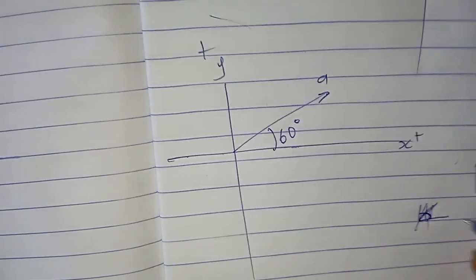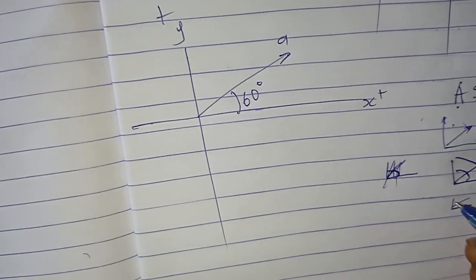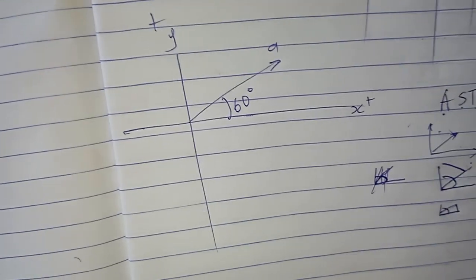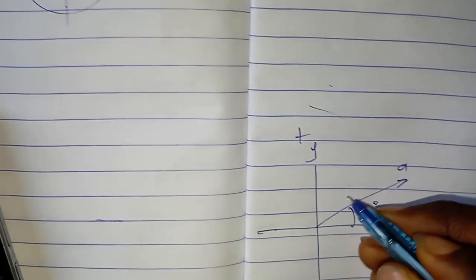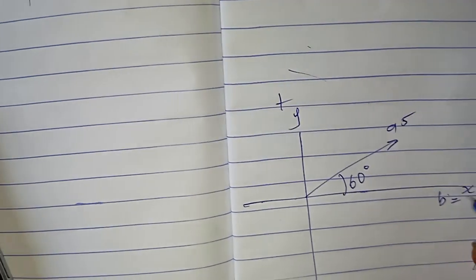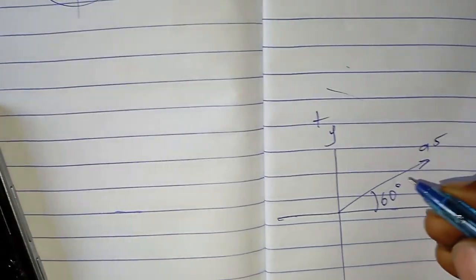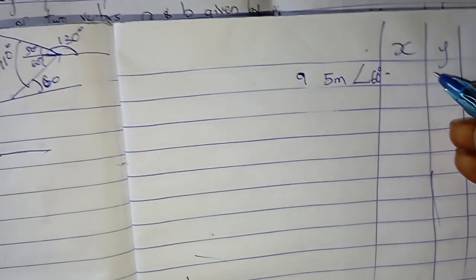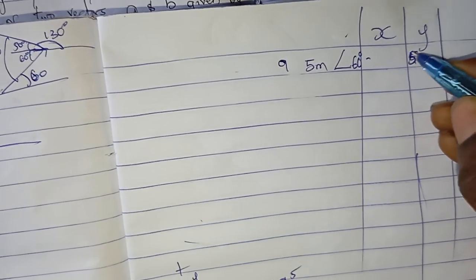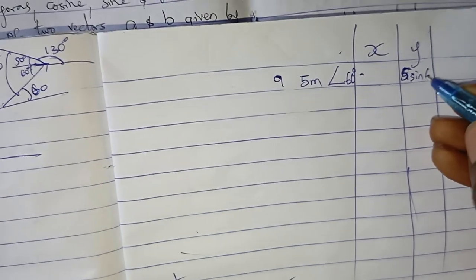When it's opening, we use sine, away from the angle. But if I have something of this nature and I'm trying to close this, the angle will end up closing. So away from the angle, I use sine. Remember that A is 5 and B is 6. So this is going to be on the y-axis: A, that is 5 sine 60.